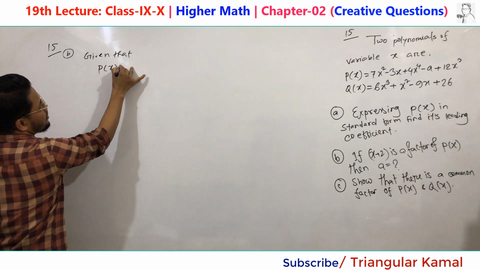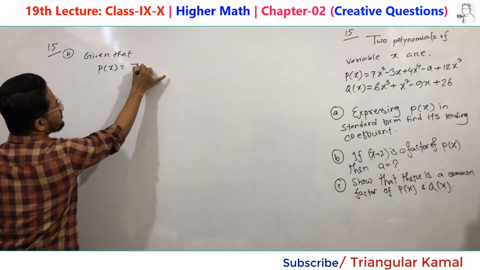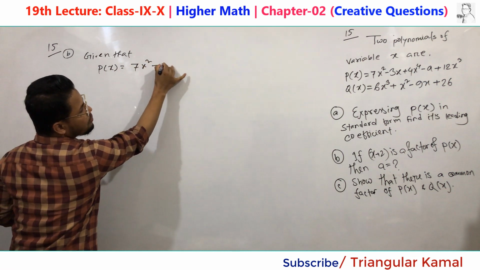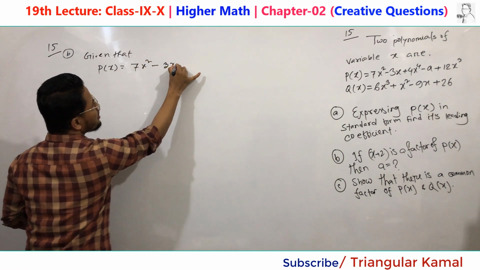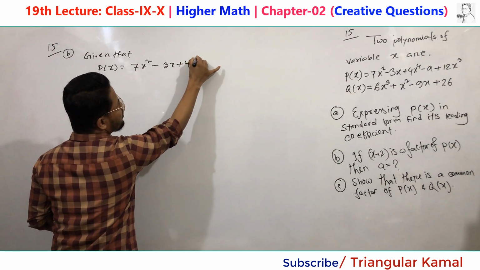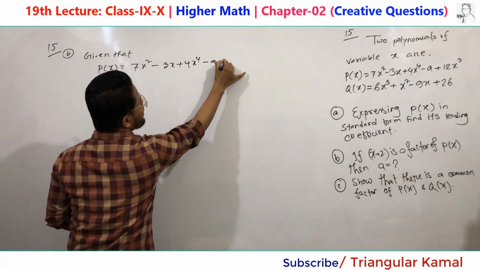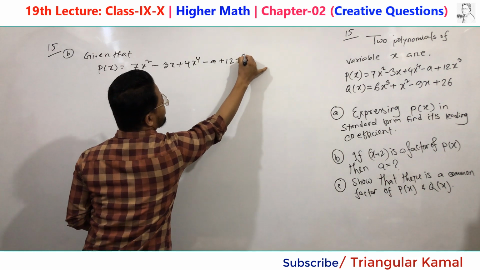p of x equals 7x square minus 3 times of x plus 4x to the power 4 minus a plus 12x cube.